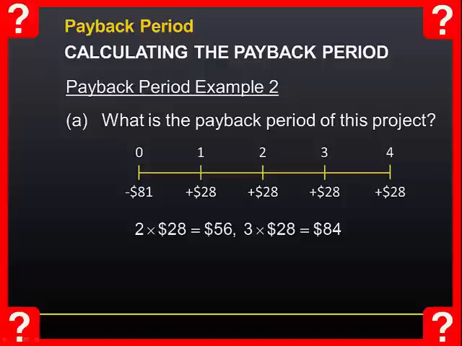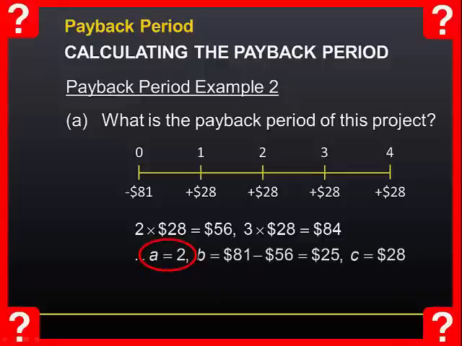In this case, since the first 2 years recover $56, and at the end of the third year we've recovered $84, clearly the payback period is sometime between years 2 and 3. To use the formula, A is 2 because we know that there are at least 2 years in the payback period for this project.